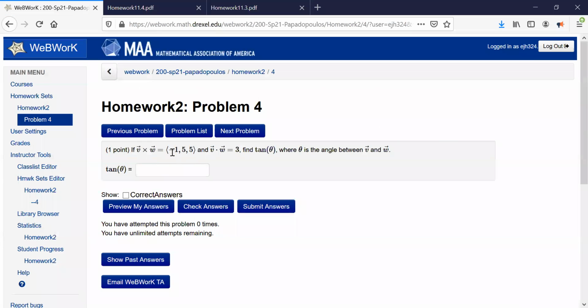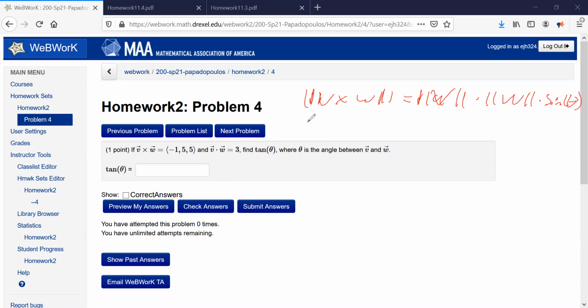Yeah, so this, you can just use this. This question is just the magnitude of V cross W is going to be equal to the magnitude of V times the magnitude of W times the sine of the angle between them.